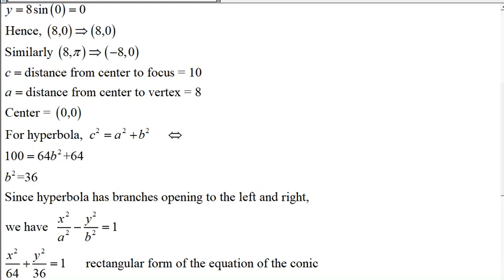Let's rewrite it like this, and then subtract 64, we get b squared is 36.